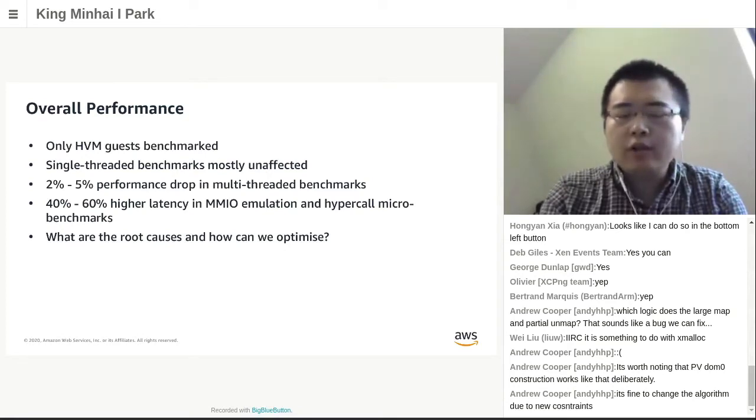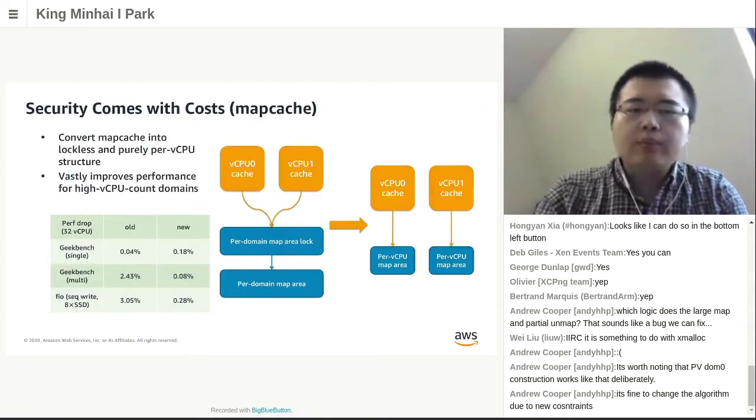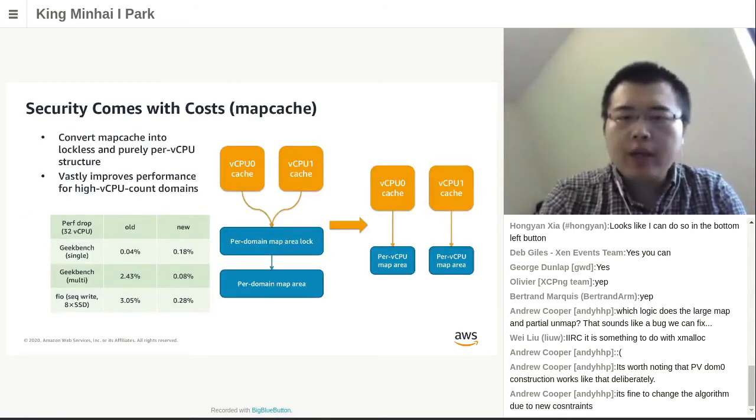And what are the root causes, and how can we optimize? So the first problem is due to the map cache and how the map cache is currently implemented. Without a direct map, we have to use the map cache to map unmapped pages on demand. The existing map cache implementation has a per domain lock.